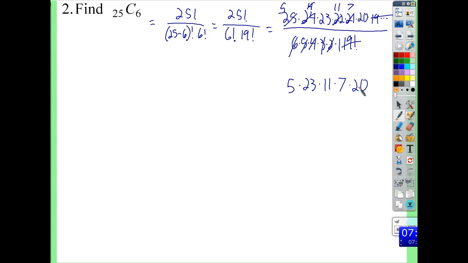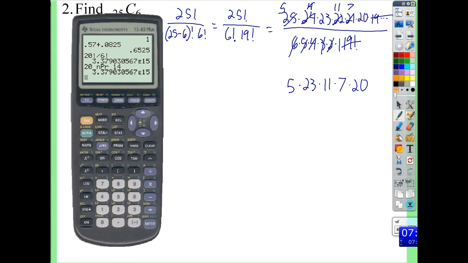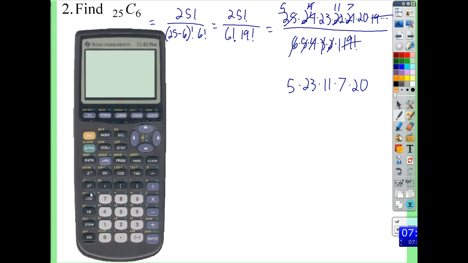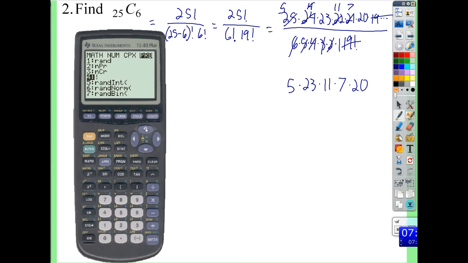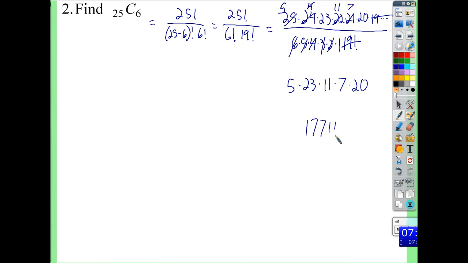But if we have our calculators, which you should always travel with your graphing calculator, just in case something like this happens, then we would just do 25, let's go grab our combinations, 6 at a time. 177,100. And we should get the same if we multiply all of this together.